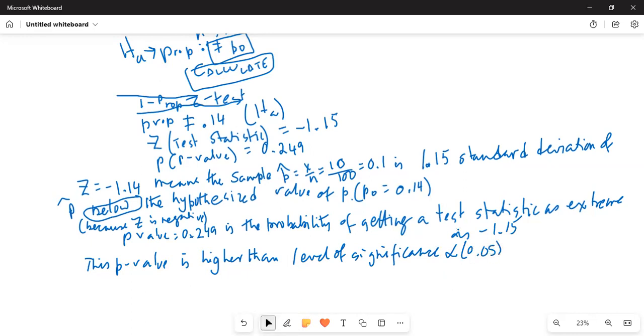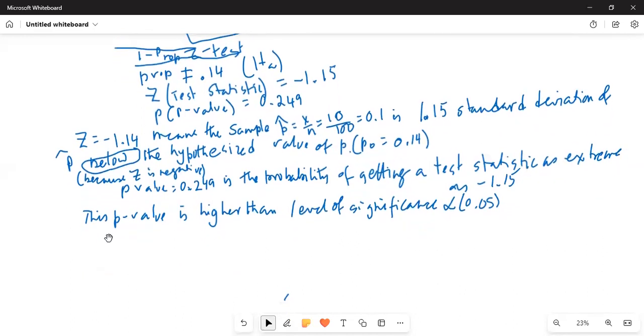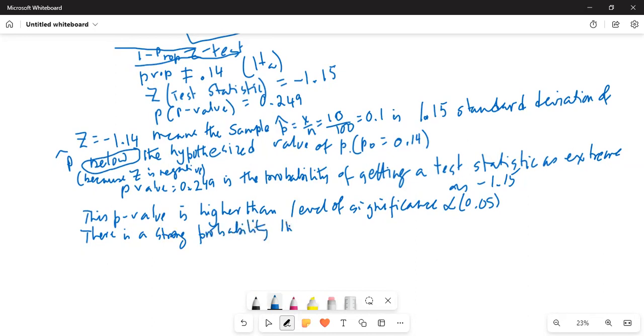It means there is a strong probability the sample proportion p hat can be 0.1, assuming H0 is true.